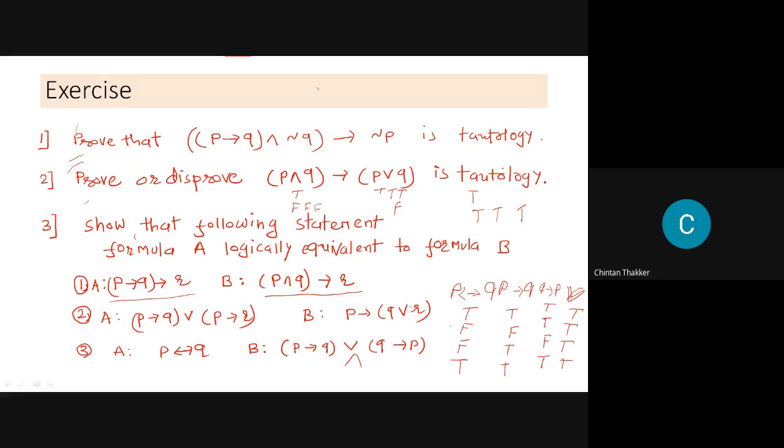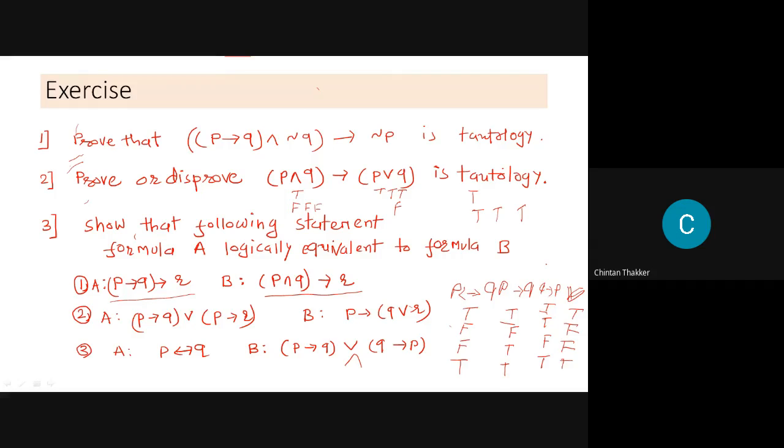Here you have T, here F, here T, so F and T gives F. Here T, F gives F. Here again T. So when you check A and B, both have the same values in each row.